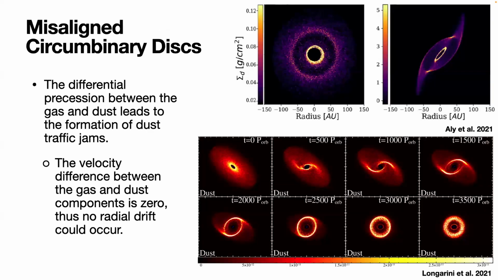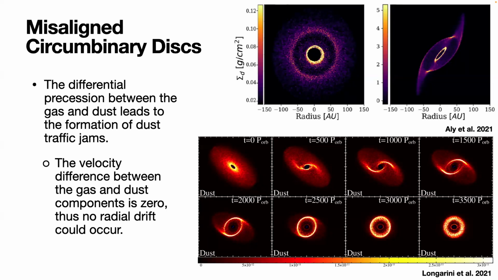Okay, so we want to look at how the dust reacts in a misaligned disk. This has been looked at before by my collaborators, Hossam Aly and Cristiano Longarini, back in 2021. So when you have a misaligned disk, which I mentioned before, if you have moderately coupled dust grains, they'll precess at different rates. This differential precession actually creates a dust traffic jam in the disk. And this is an area around, it's a little complicated, but it's an area around the co-precession radius.